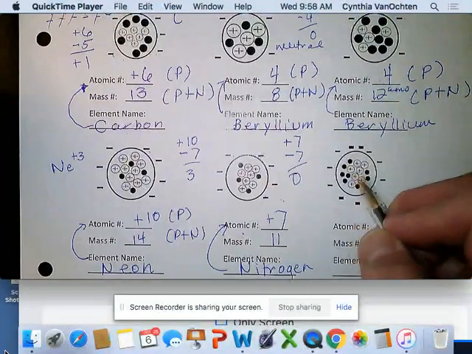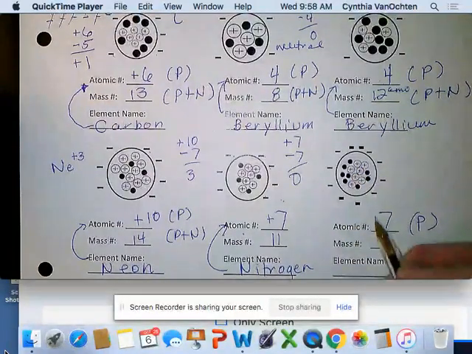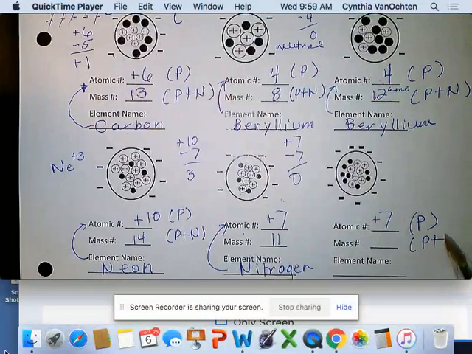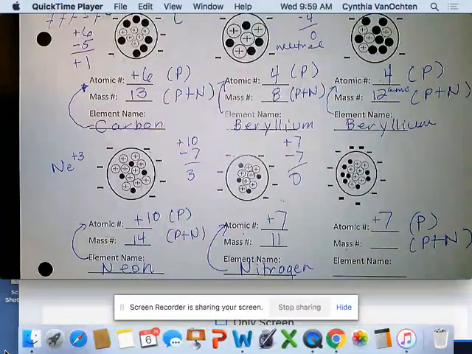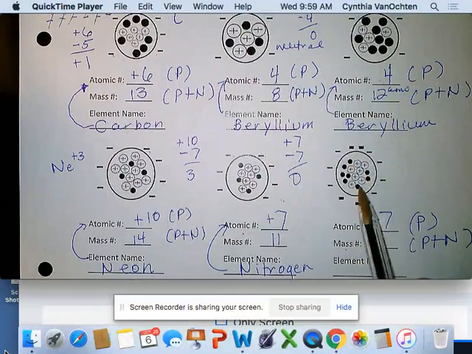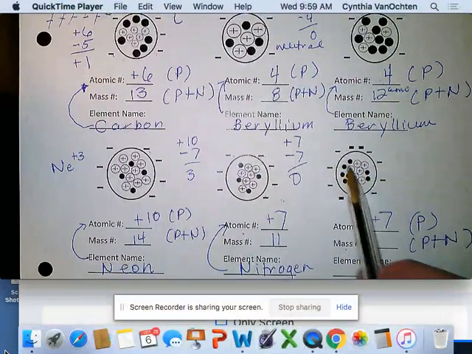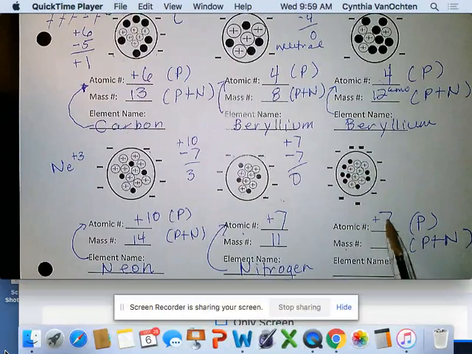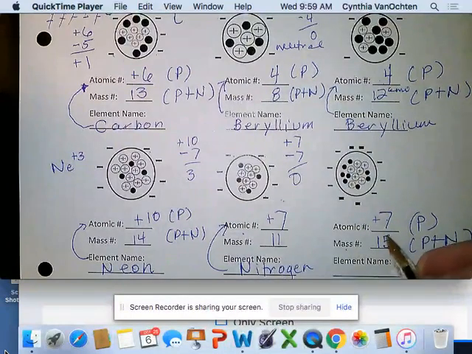Is it 7 again? 1, 2, 3, 4, 5. Yep, very good. What is the atomic mass, which is protons plus neutrons? 16. You're just one off, I think. 1, 2, 3, 4, 5, 6, 7, 8, and 7 is 15. So you were close.